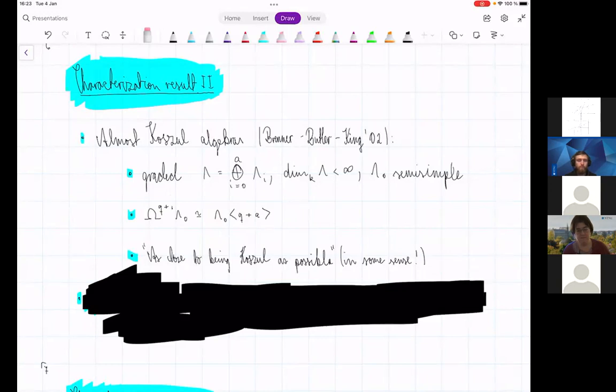This translates to a kind of exactness condition on a limited interval.